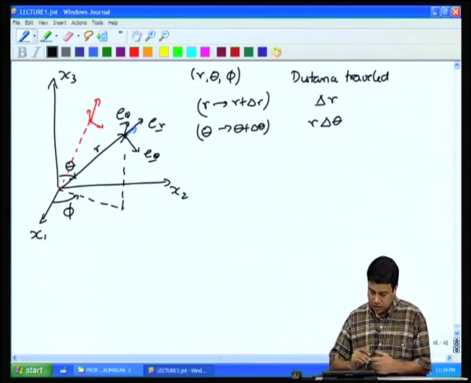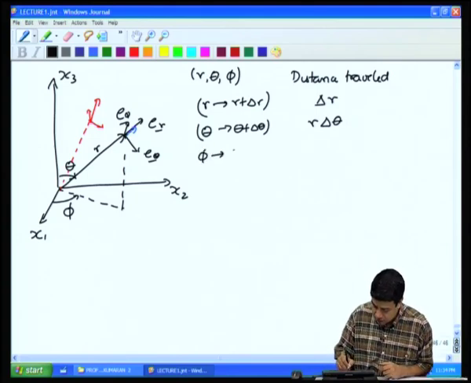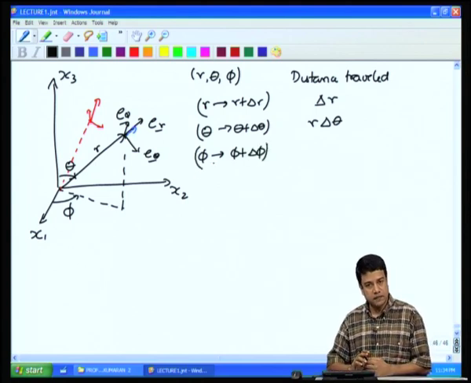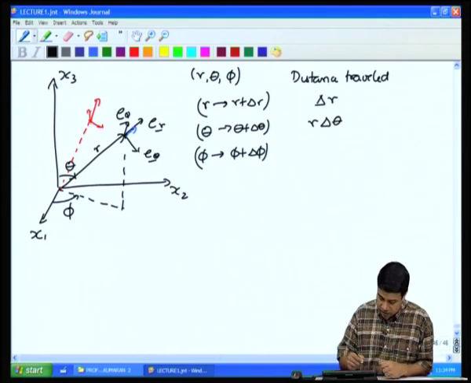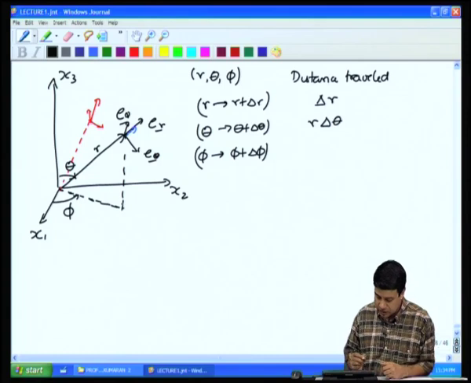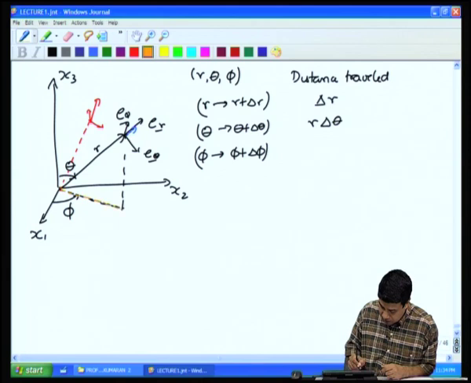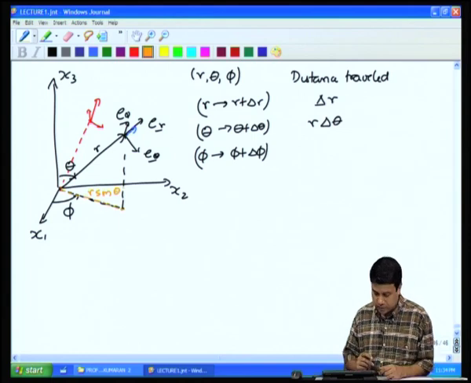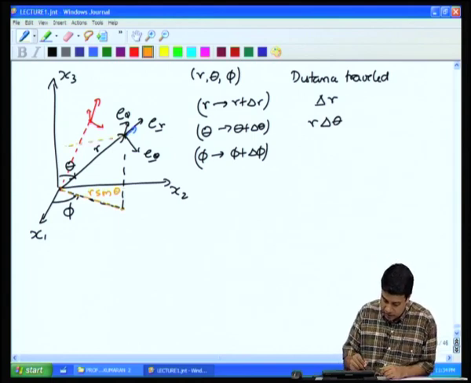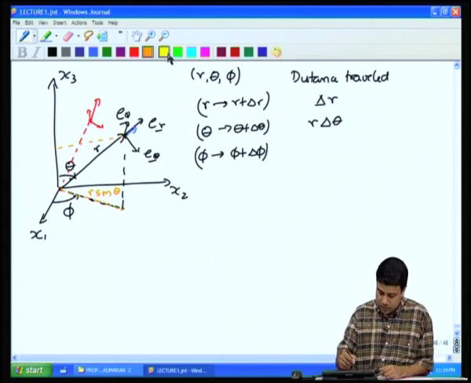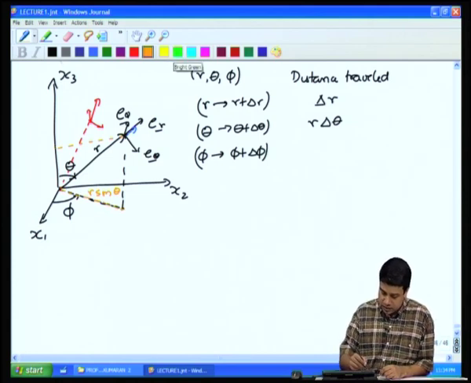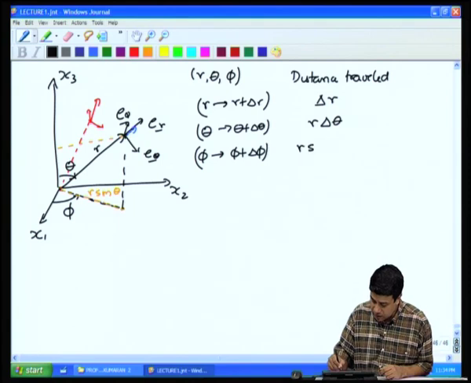And if I change phi to phi plus delta phi, the distance travelled is not delta phi. The projection onto the xy plane, this length, is equal to r sin theta, because the projection onto the z axis is r cos theta and the projection onto the xy plane is r sin theta. So, the distance travelled is actually r sin theta delta phi.